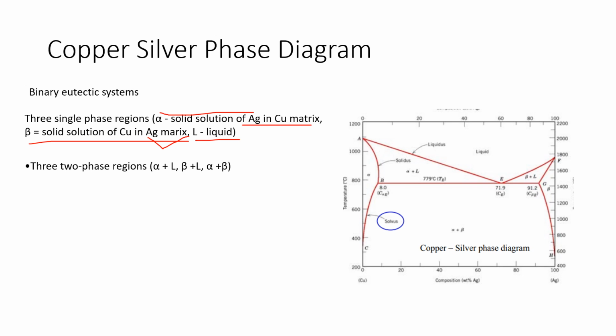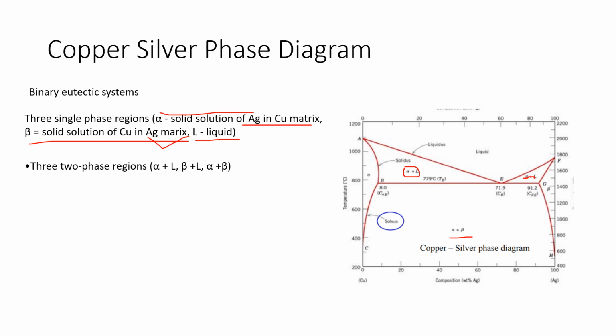There are three two-phase regions: alpha plus liquid, beta plus liquid, and alpha plus beta. Where can we locate these? This region is the alpha plus liquid region. This region is the beta plus liquid region, while this is the alpha plus beta region below the eutectic line.